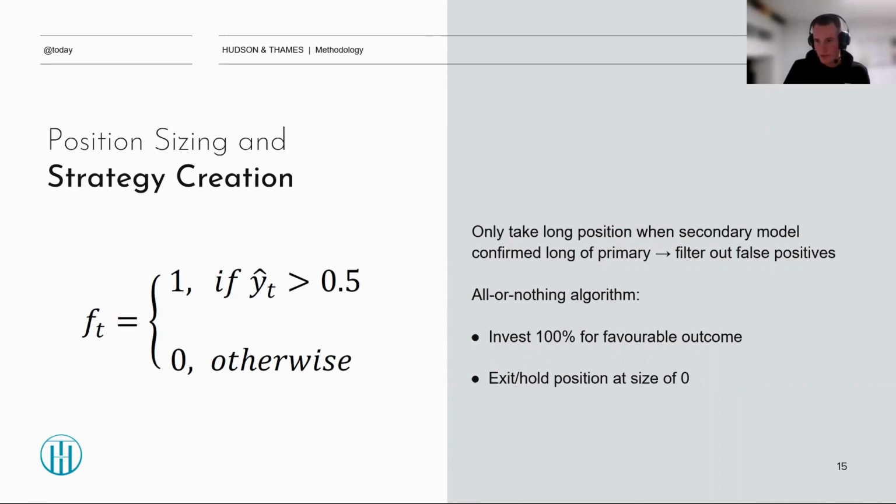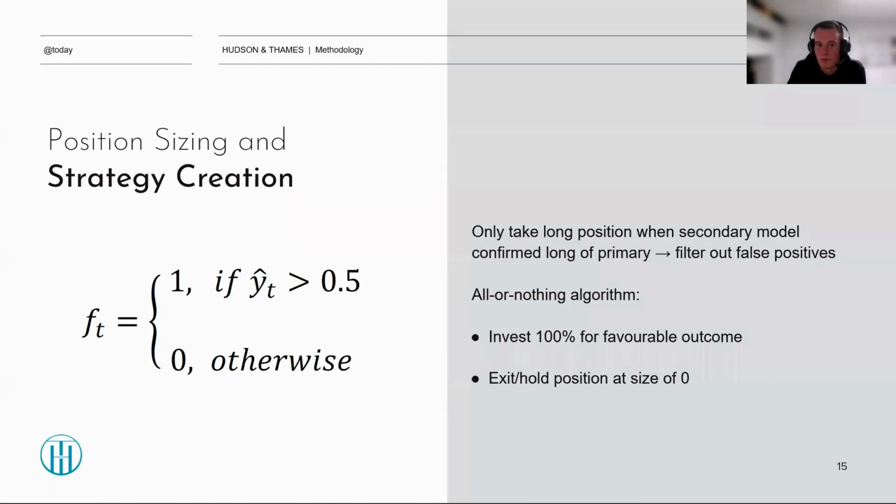So if we look at the formula, Ft is the size of the position at time t, and epsilon hat t is the secondary model's prediction of a positive outcome.